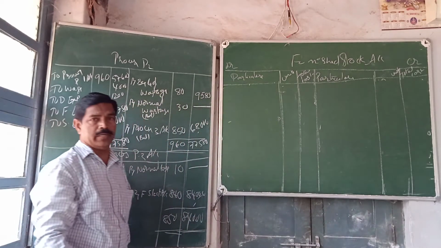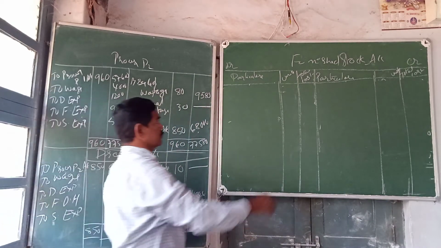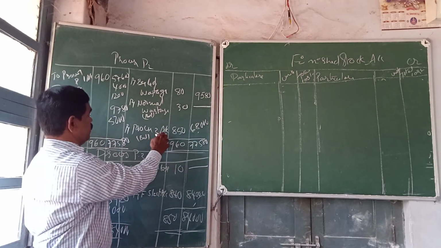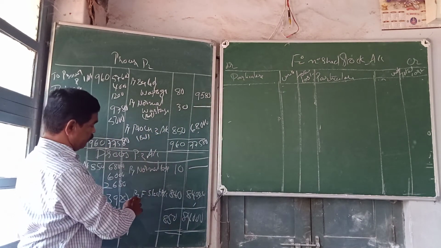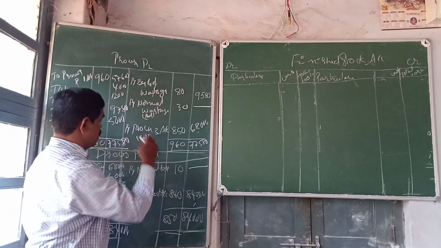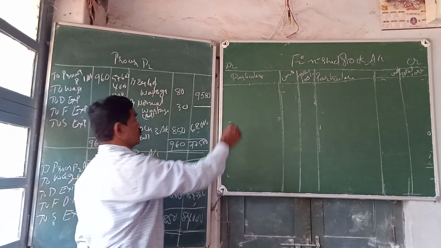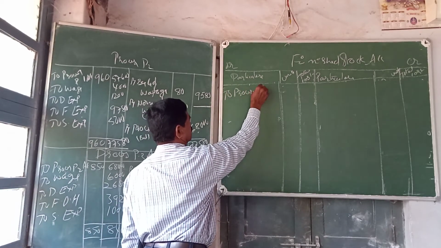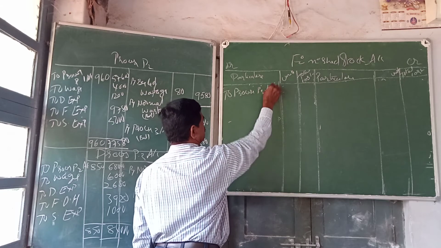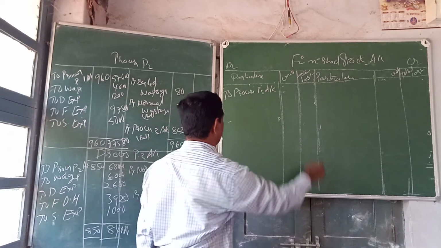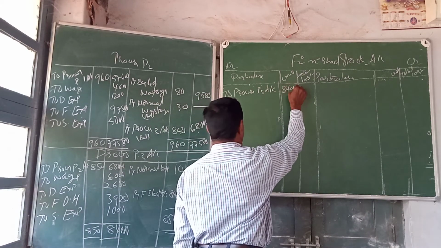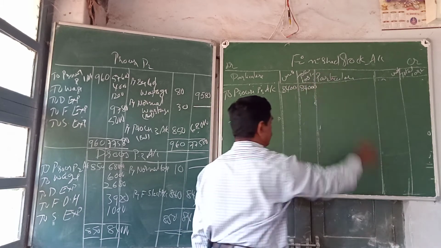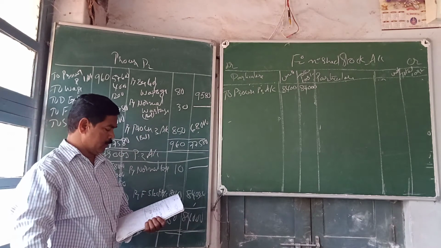First transfer entry: finished stock account debit, to process P3 account, 840 units, 84,000.